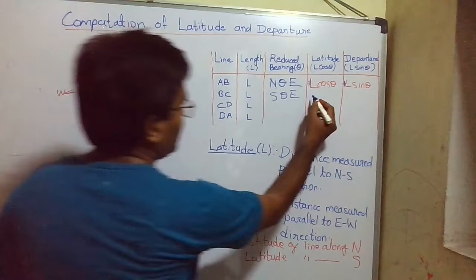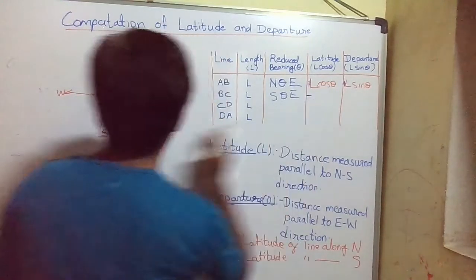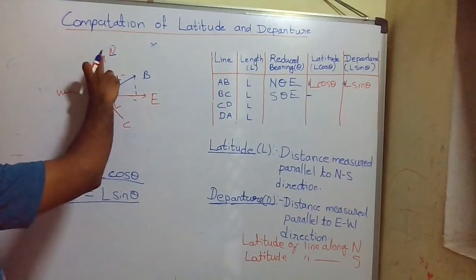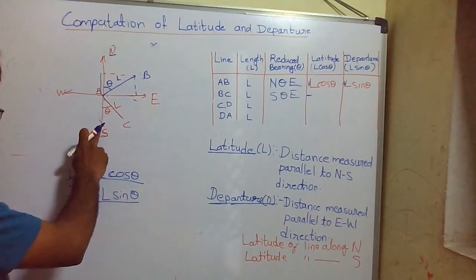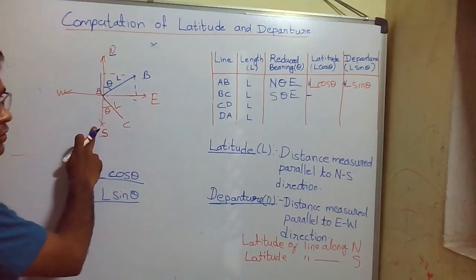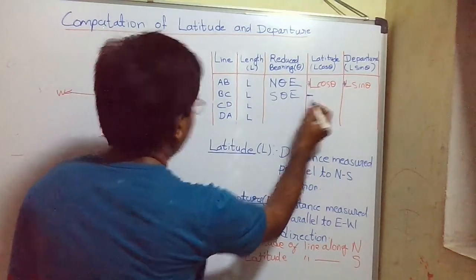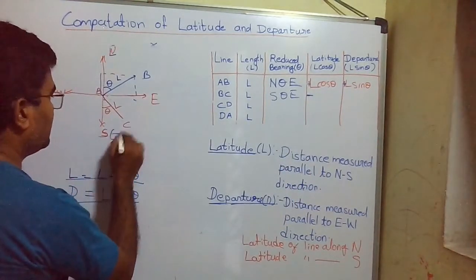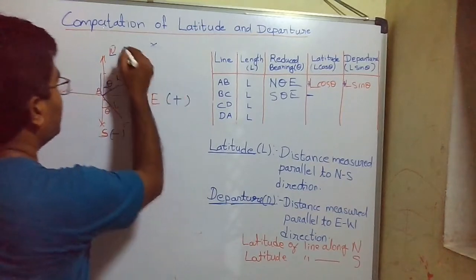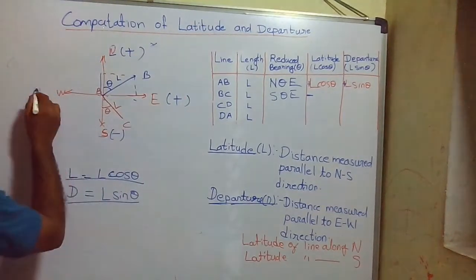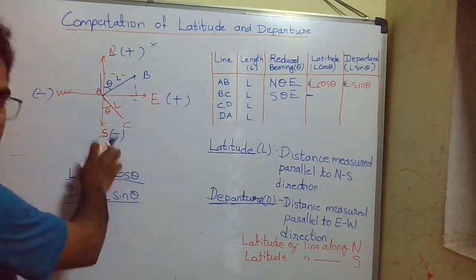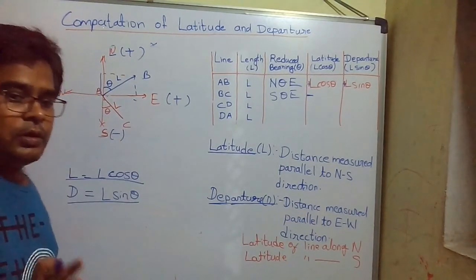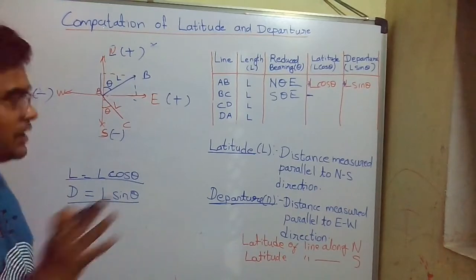Latitude is along north-south, but it is towards south, so its sign will be minus. South minus, east plus, north plus, and west minus. Don't write like this, I have written this just for understanding.